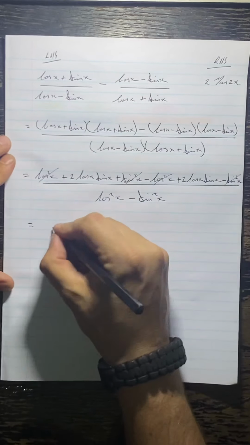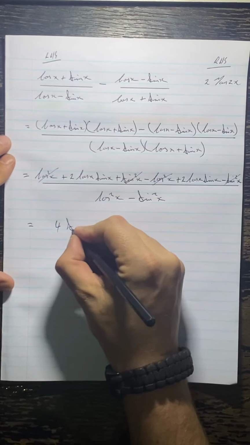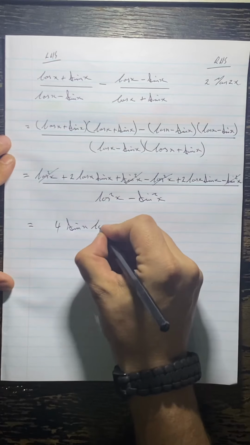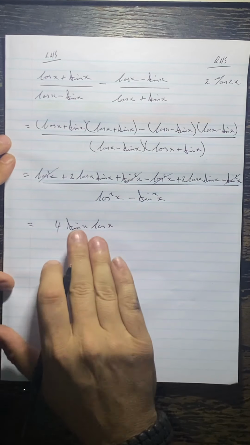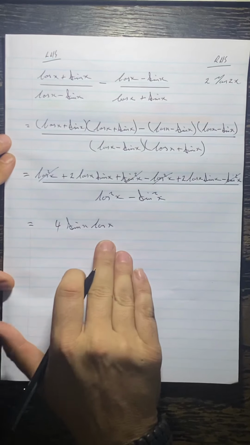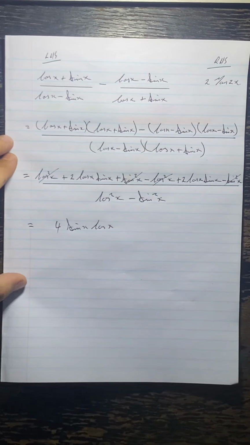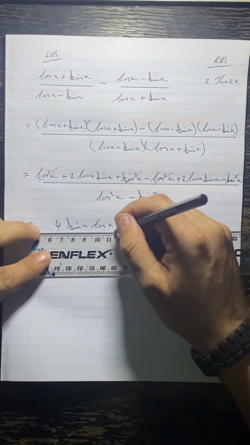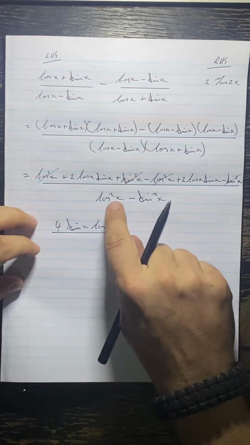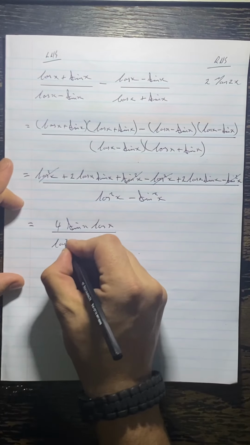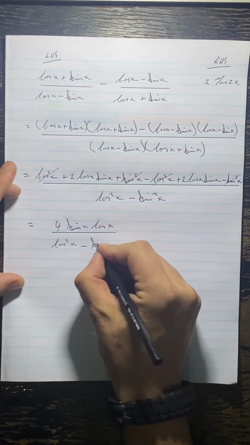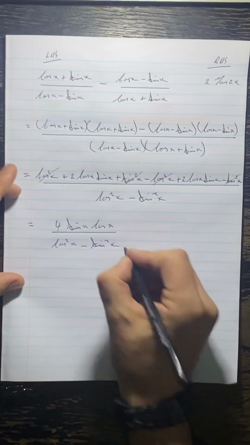But I'm just going to write it as 4 sin x cos x, and you'll see in a minute why I've done it like that. Cos x sin x is the same as sin x cos x, guys. All over this cos squared x minus sine squared x.